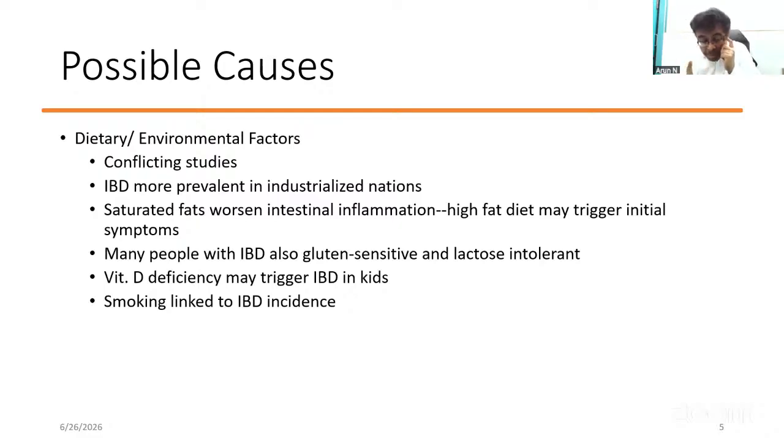To the general public, what I would like to address is that even if you get diagnosed with inflammatory bowel disease, this is very commonly reported in the Indian population. Why?